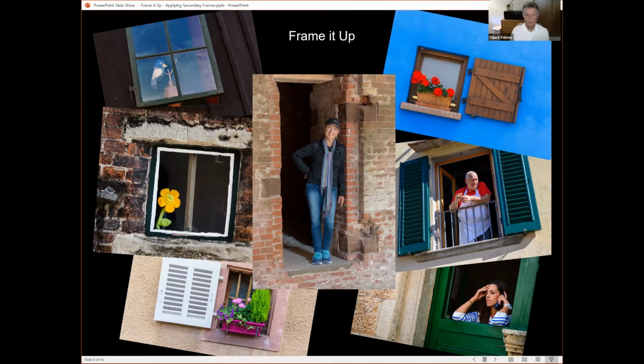Using an architectural feature is certainly an effective way to focus your viewer on the hero of your photograph, and I encourage you to continue to use this type of secondary frame in your photography. But let's discuss other opportunities for incorporating secondary frames in our remarkable photographs.